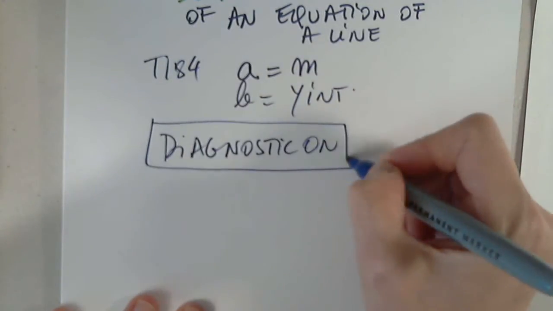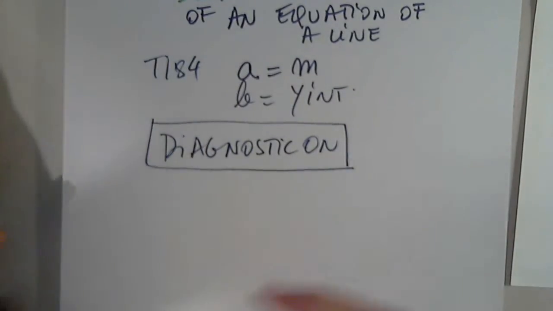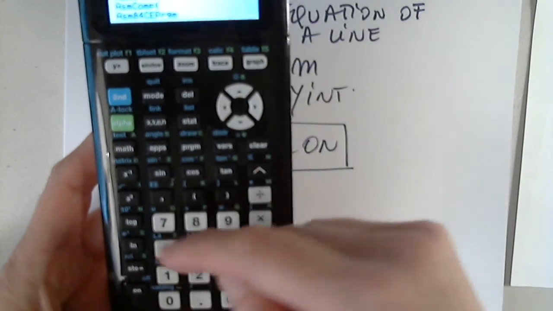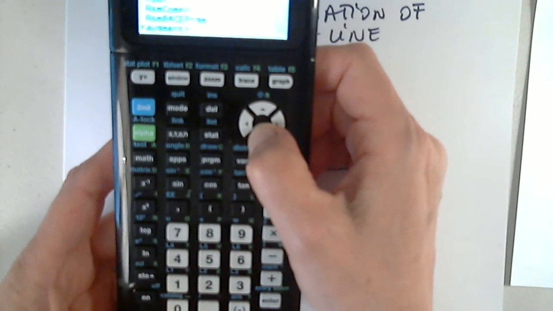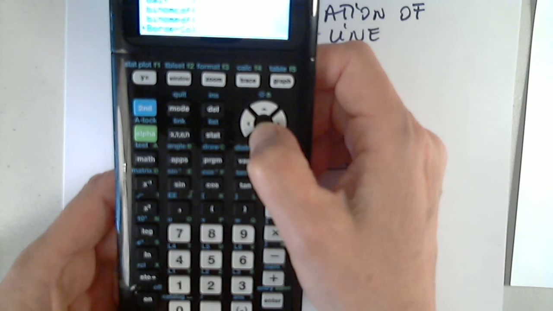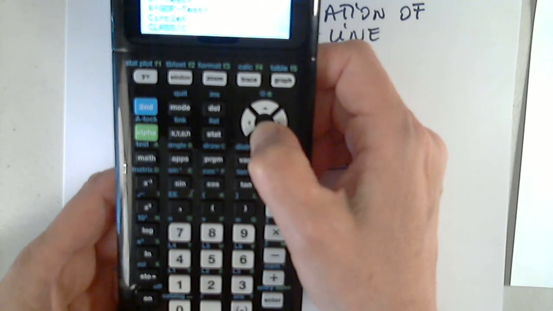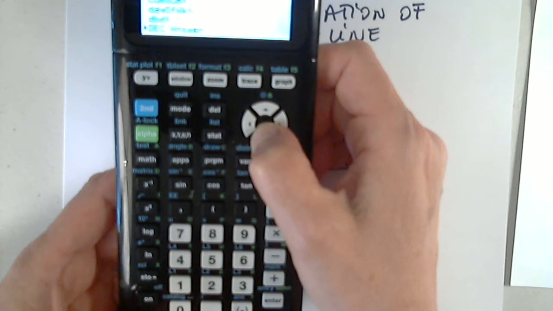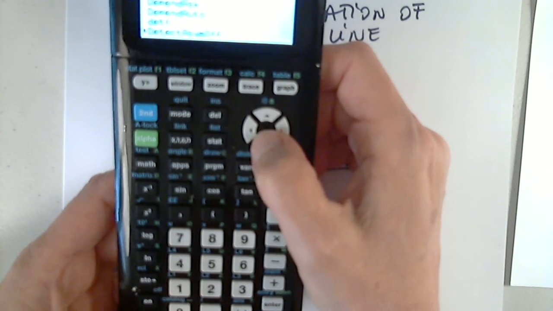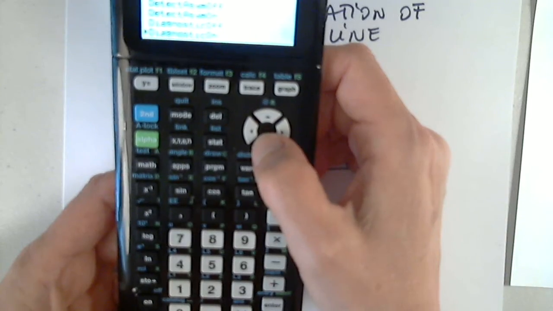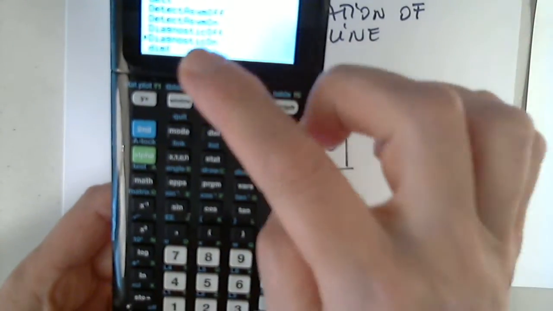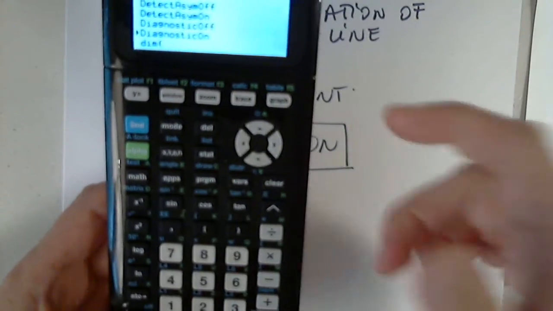You can also press D and it will jump to D, but it's not that far. Find the diagnostic on, press enter and enter again.